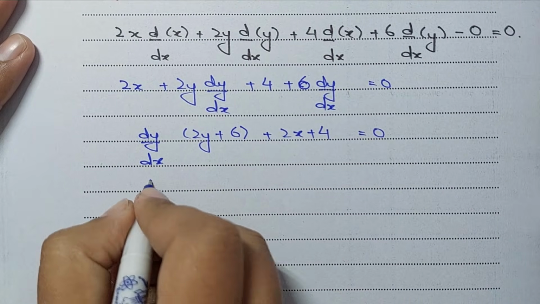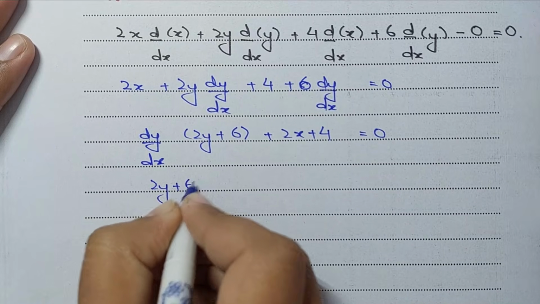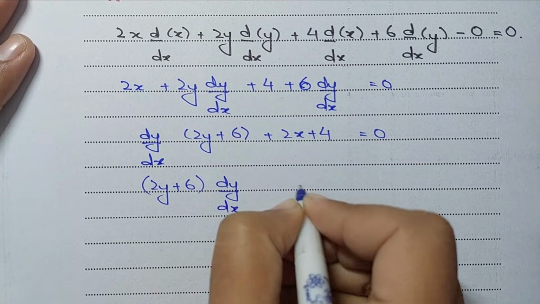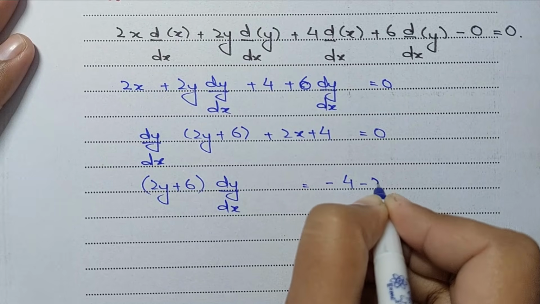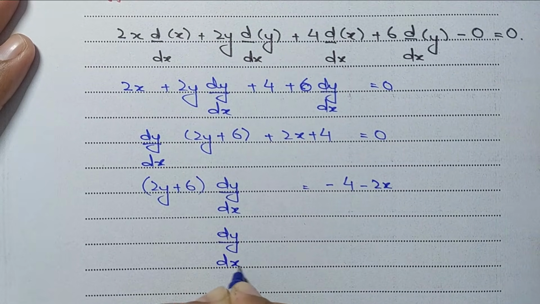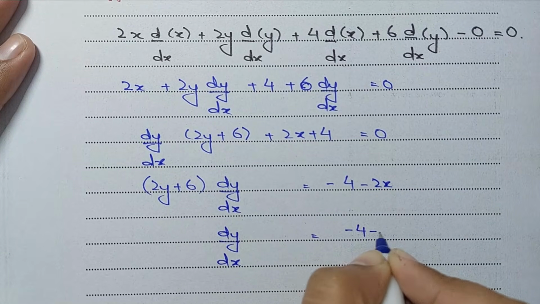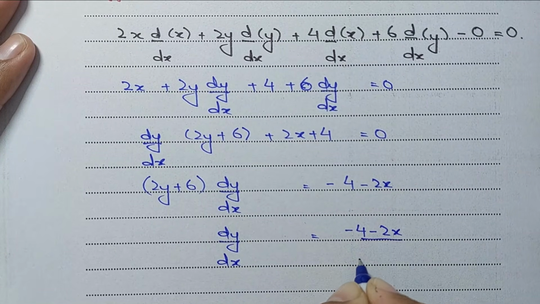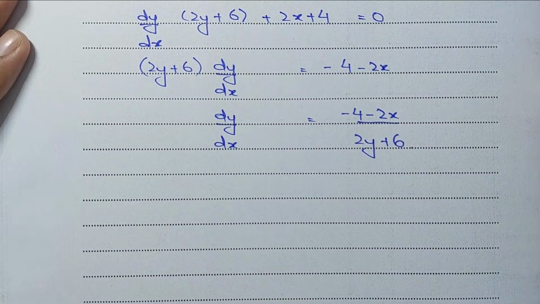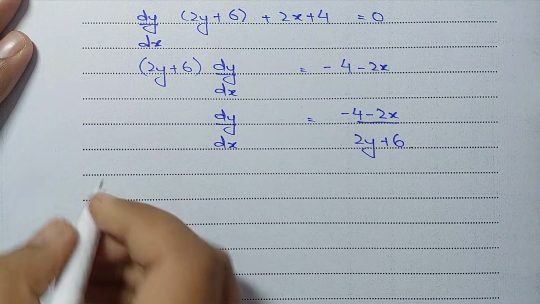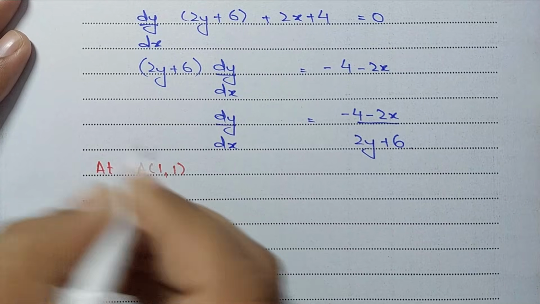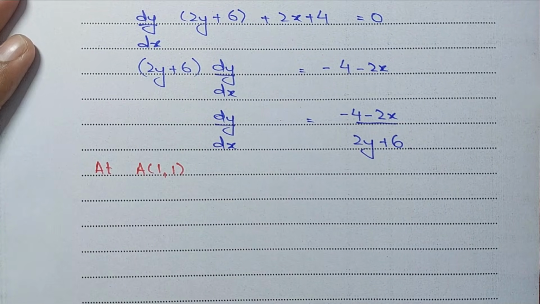Okay. Now 2y plus 6 is the coefficient of dy over dx, equals minus 4 and minus 2x, and dy over dx becomes minus 4 minus 2x divided by 2y plus 6. Okay. Now, what is the derivative at the point A, which is 1 and 1, when x is 1 and y is also 1, right?